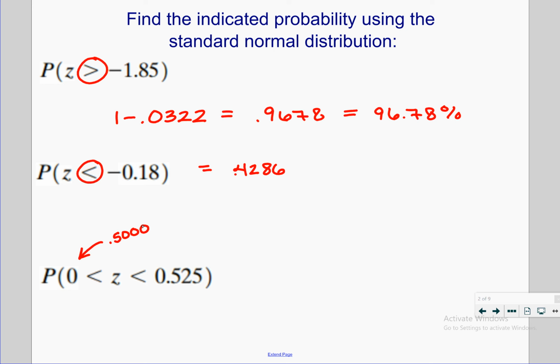Okay. We do need to look up 0.525. Now this guy has an extra decimal place. So what we need to look at are 0.52 and 0.53, the numbers on either side of it, and then find what's in between those. Find the midpoint or the average. Okay. So if I look up 0.52, 0.52 is 0.6985.